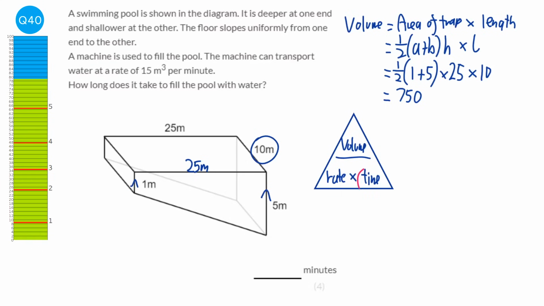So we're actually looking at the time. So it will be time equals the volume, which is 750, over the rate, which is 15. So 750 divided by 15 is 50. It says per minute, so it would be 50 minutes.